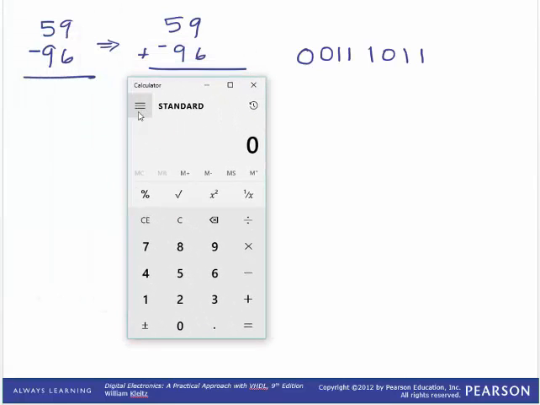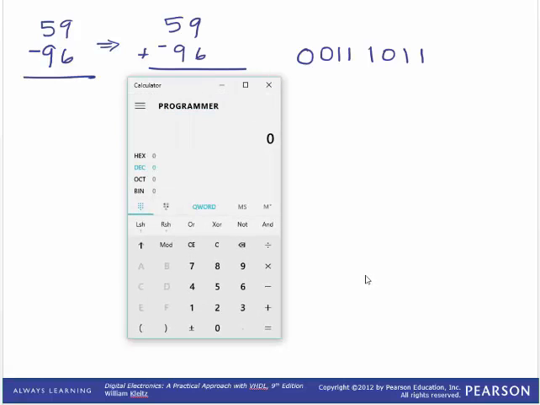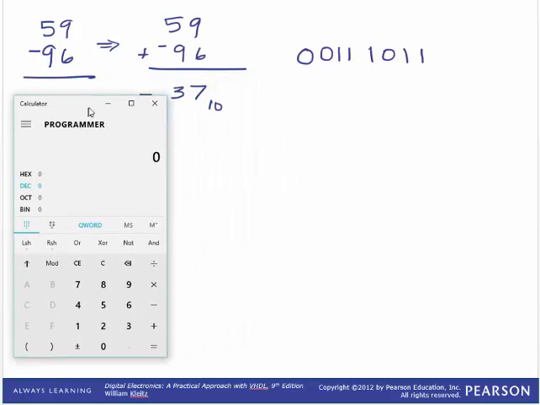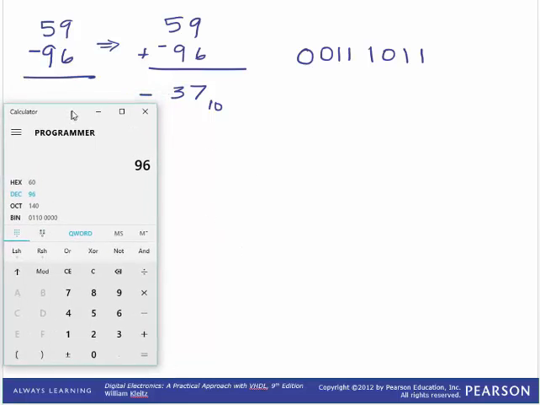Here's my standard calculator. I'm in Windows 10 now, so it looks a little bit different than what I'm used to. But I can get the programmer calculator, and I can say that I'm in decimal 96, and it gives it to me here in binary.